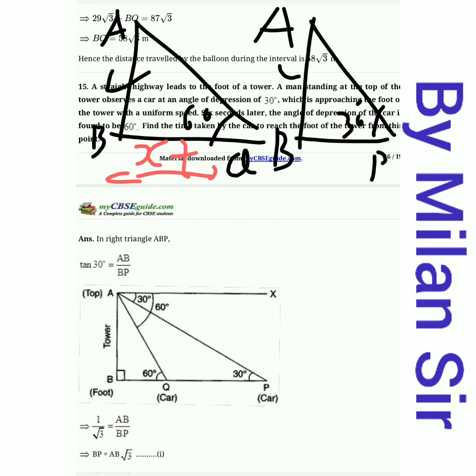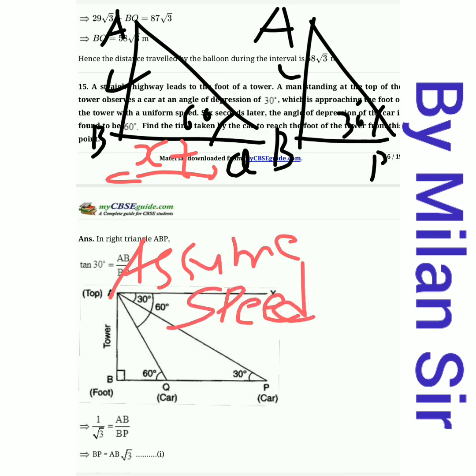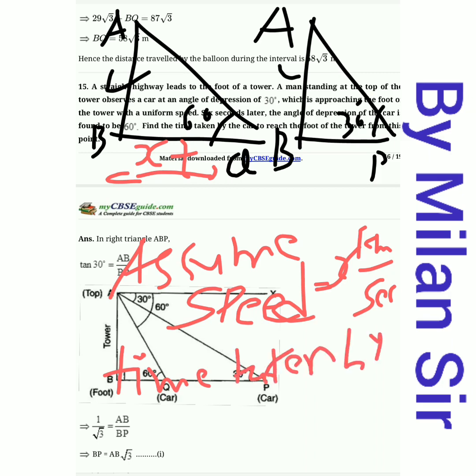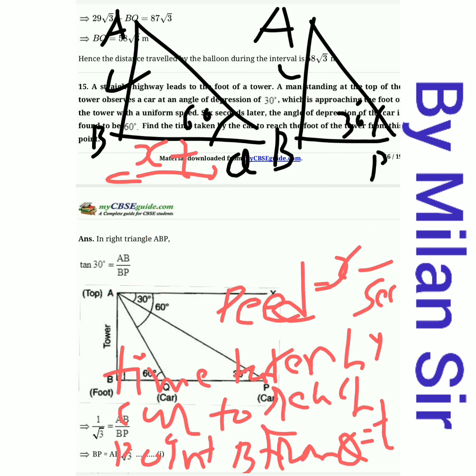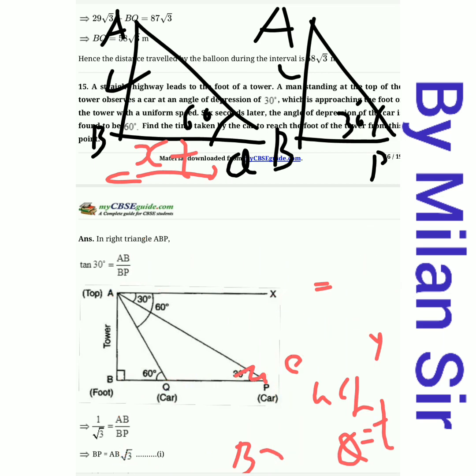We just assume speed is equal to x kilometer per second, and second, the time taken by the car to reach point B from Q is t seconds.